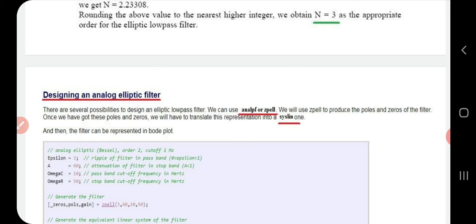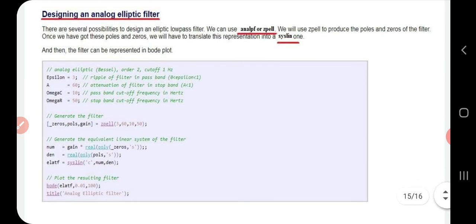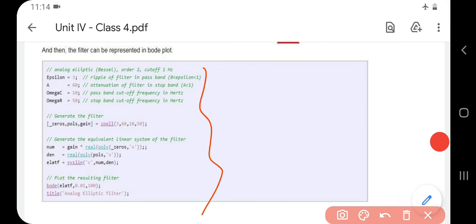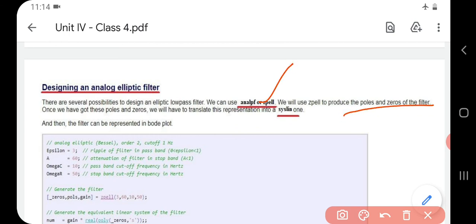Now there are some programs for designing an analog elliptic filter, and the program names are analpf or zpel. No need of studying all this, just note down the names. These are the two programs that we use. They are mainly based on the poles and zeros of the filter, because an elliptic filter is designed using both poles and zeros.